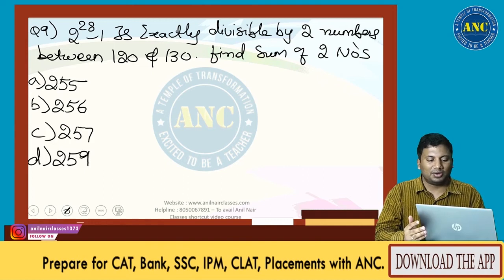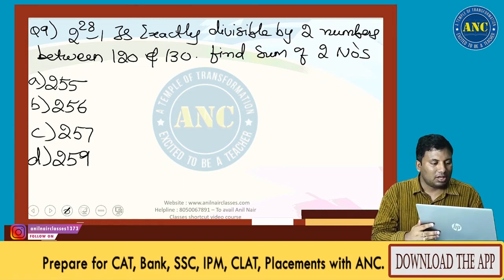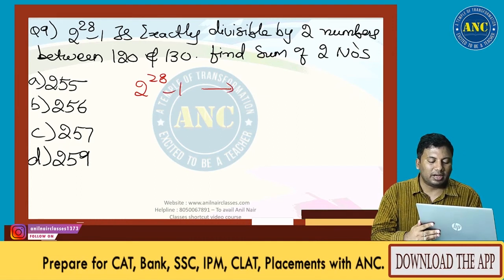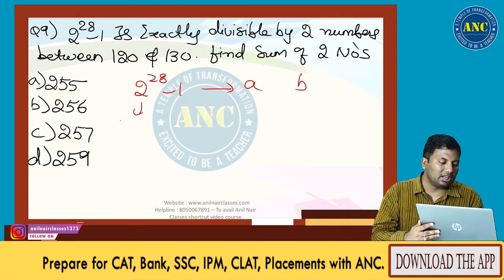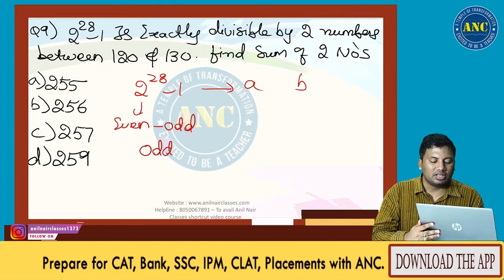You don't need to do anything. 2 power 28 minus 1 is divisible by two numbers A and B. Right? 2 is an even number, minus 1 is an odd number, and even minus odd is odd. This number is divisible by two numbers A and B, so the product of the two numbers will be odd.